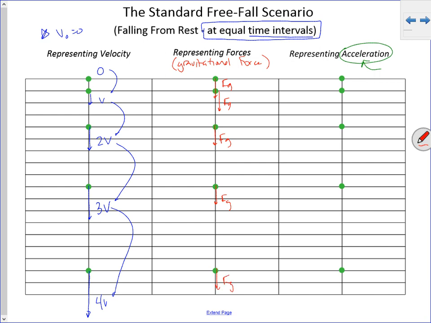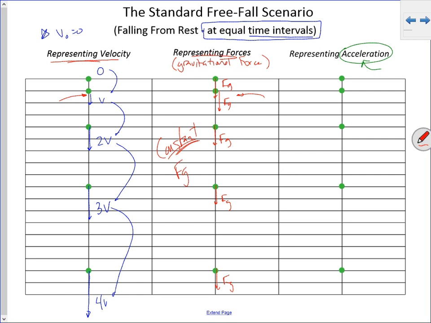And now, it's important to know that from here to here, the scale is totally different, right? A vector this long here represents a certain speed. A vector this long here represents a certain force. But this is real important: it is a constant gravitational force.